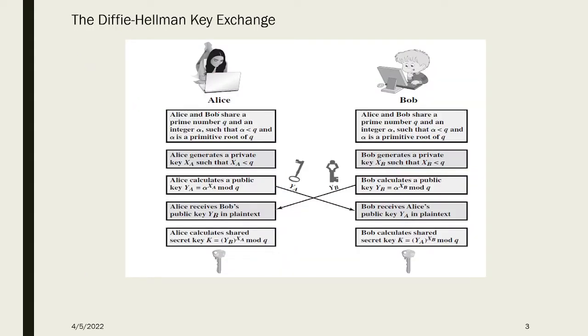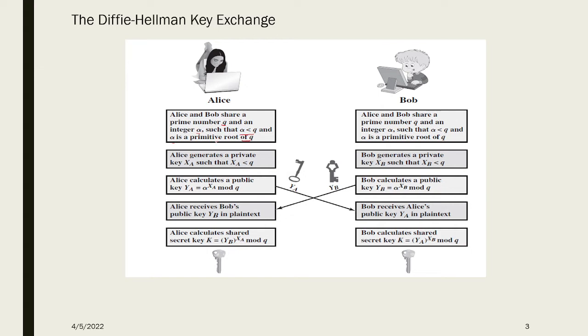This picture shows the Diffie-Hellman Key Exchange algorithm. There are two communicating parties, Alice and Bob. The first step done by both of them is they share a prime number q and an integer alpha, such that alpha should be less than q and alpha is a primitive root of q.